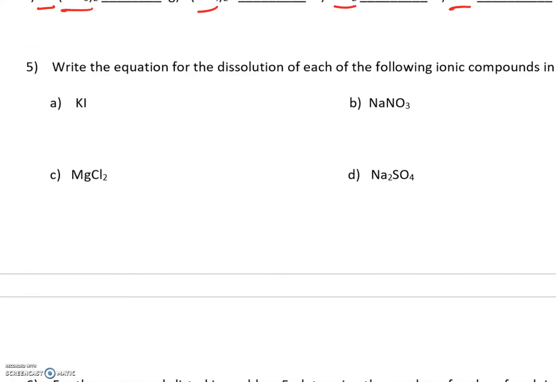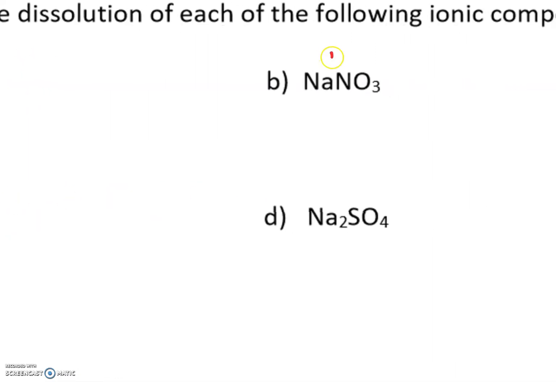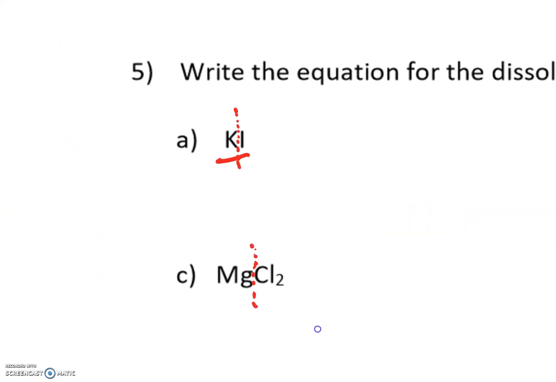Okay, don't get all too crazy and complicated. When we are dissolving, let's remember that these are all ionic compounds. They all split right down the middle. And we're not going to do anything with the polyatomic ions. Just leave them alone.